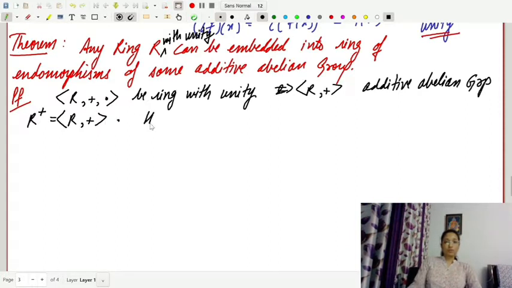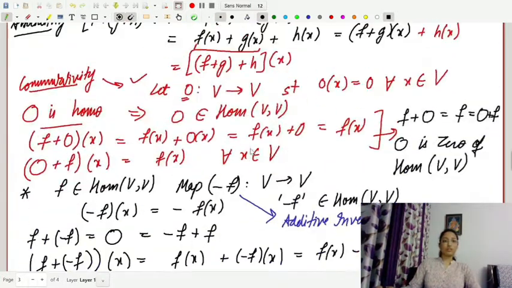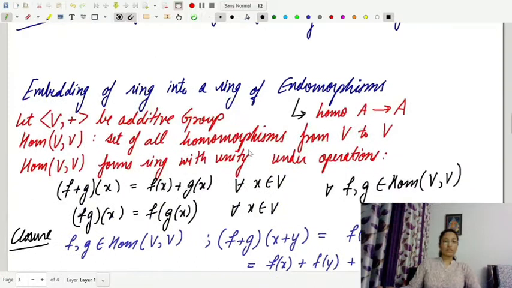Now Hom(R+, R+) is a ring with unity. Why so? Because earlier we have shown that if we take V to be an additive group, then homomorphisms from V to V form a ring with unity.